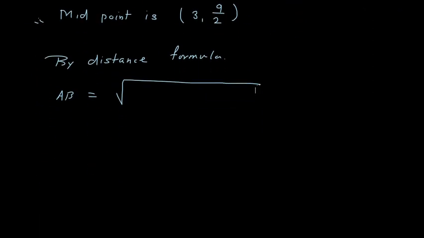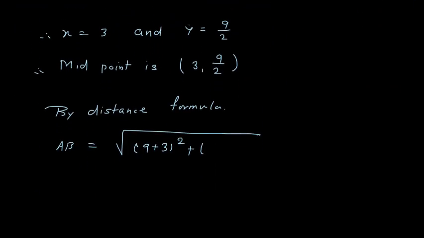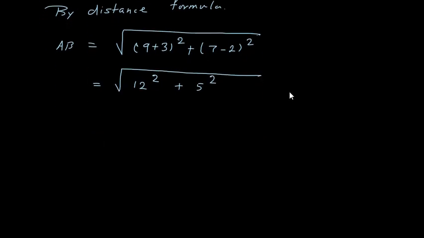So this AB will become 9 plus 3 is 12 square plus 7 minus 2 is 5, so it is 5 square. So 12 square is 144 plus 5 square is 25. So this will become root of 169.